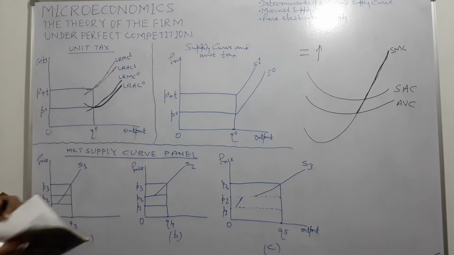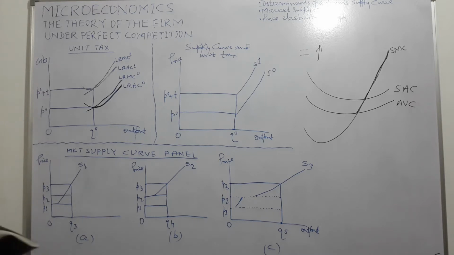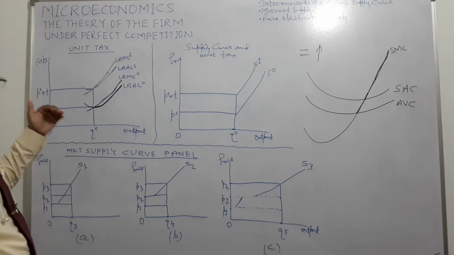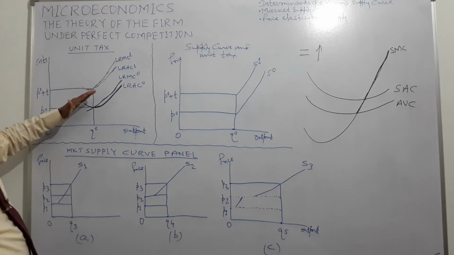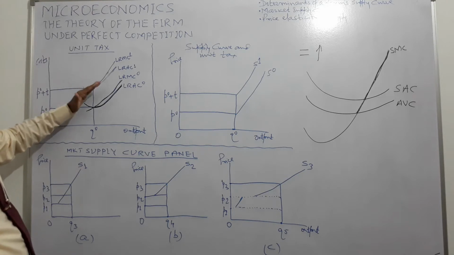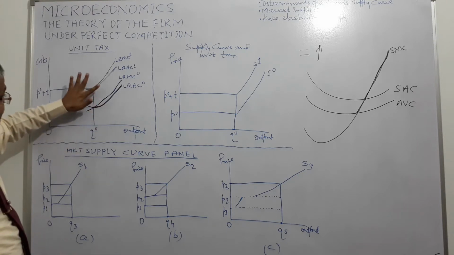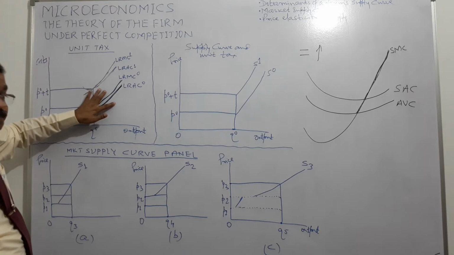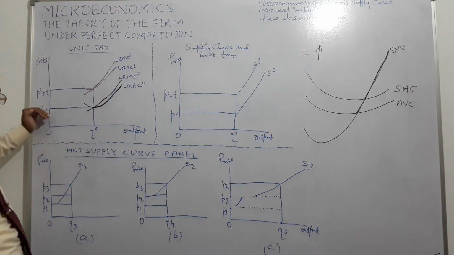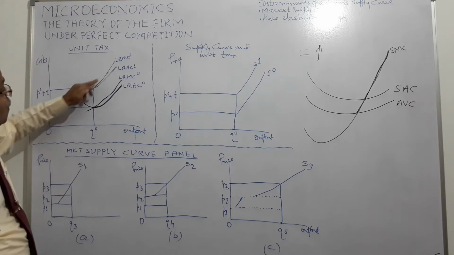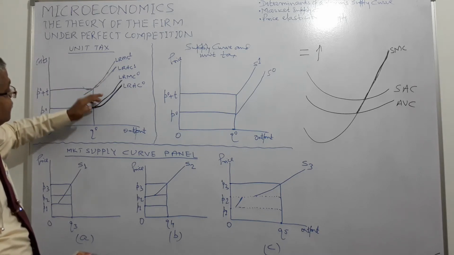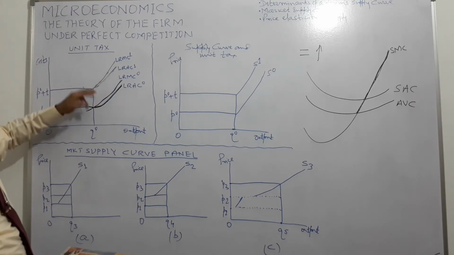So you will notice, which we discussed just now, that when the price goes up, cost goes up, the marginal cost curve shifts leftward. If you compare this with this, price has increased from P0 to P0 plus T, and the long run marginal cost has turned to the left.